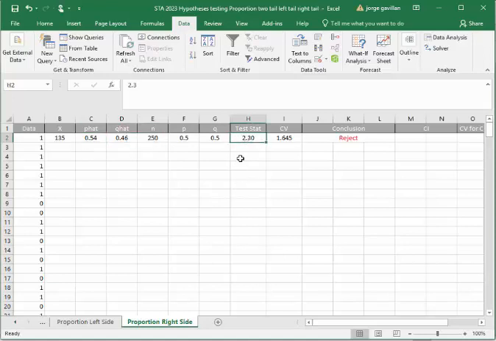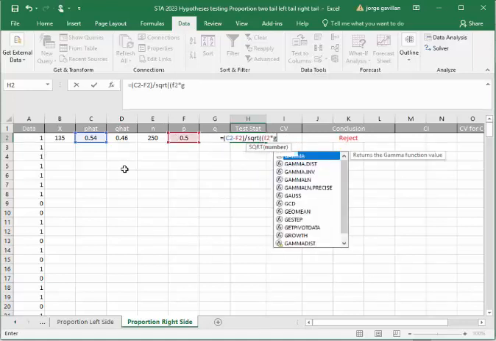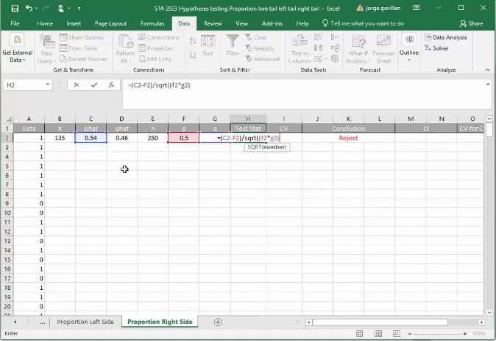Our test statistic here, we're going to make sure that we got the correct test statistic before we do anything else. So it's going to be the p-hat minus the p, divided by the square root of p times q, divided by our sample size, which is 250.